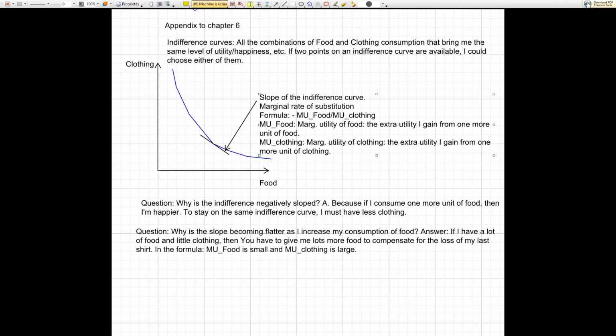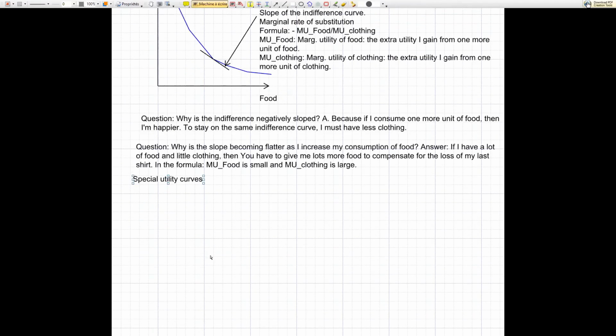Okay, so special utility curves. Imagine I have something like this, and then my indifference curve looks like this.